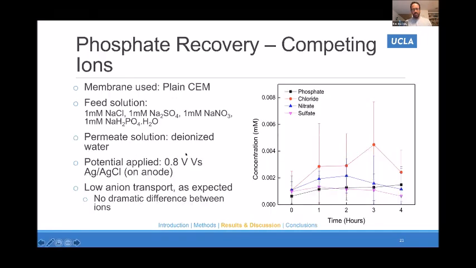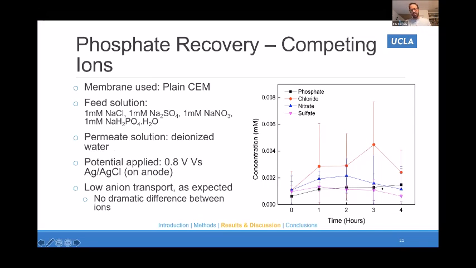So let's look at the actual separation of various anions in these systems. This is the control, the plain cation exchange membrane. Here we applied an electrical field to drive the transport of the various anions from the feed solution, which is a combination of sodium chloride, sodium sulfate, sodium nitrate, and sodium phosphate.